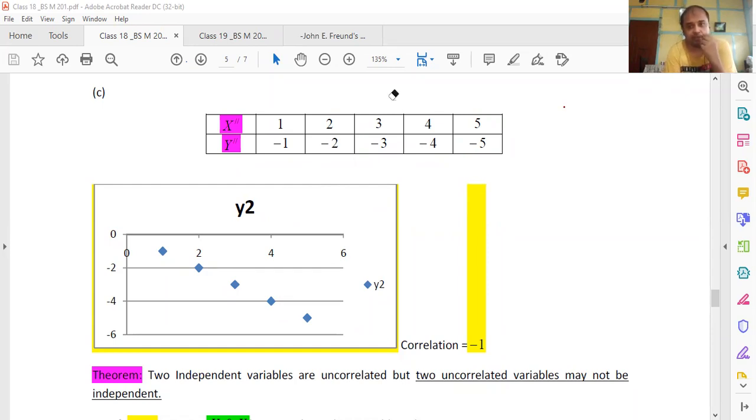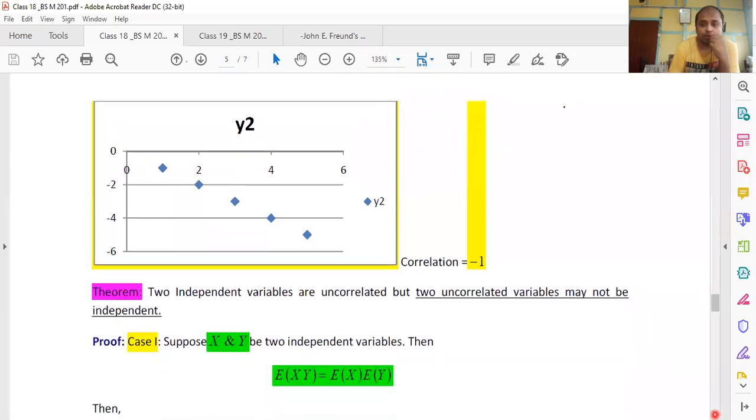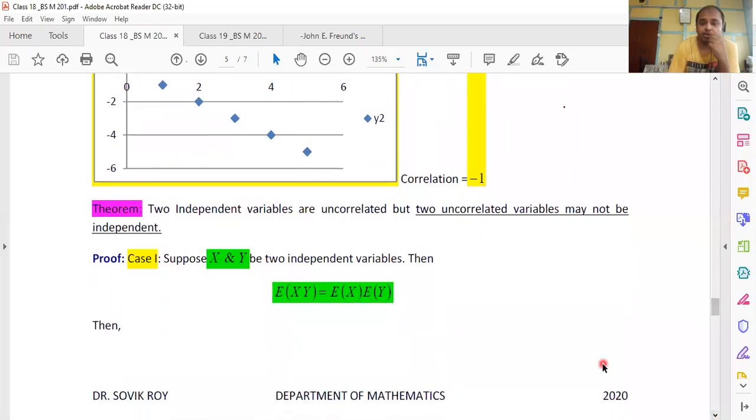So I am very much thankful to the student who observed this particular case. Anyways, we did these things explicitly in yesterday's class, but what we didn't discuss yesterday is the case of the correlation coefficient becoming 0 between the two random variables.